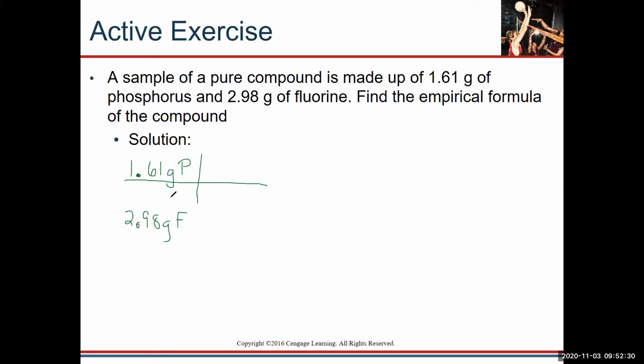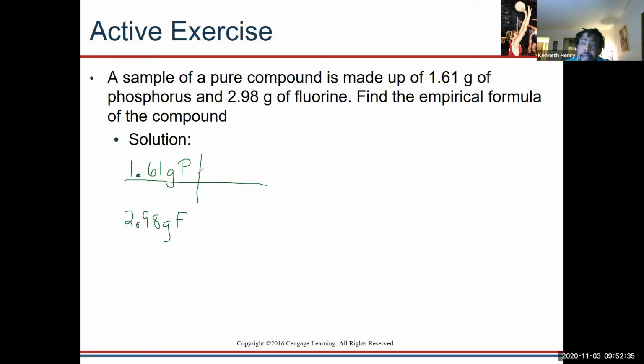Do you add the masses? I only have phosphorus, so do I have to add any masses? No. So what can I use?